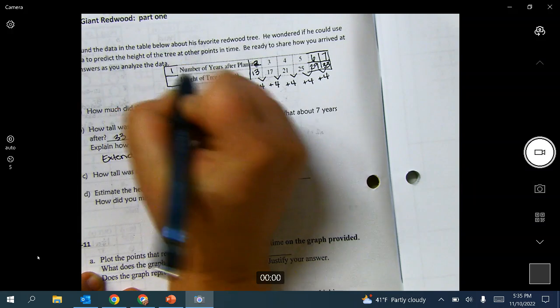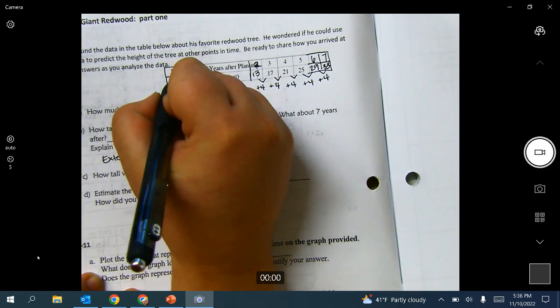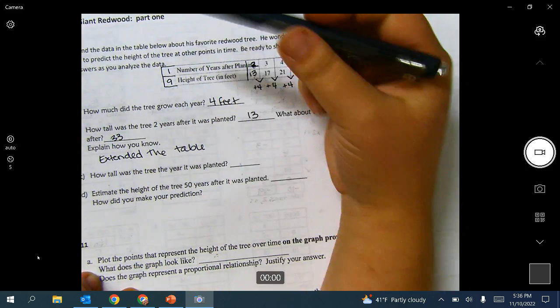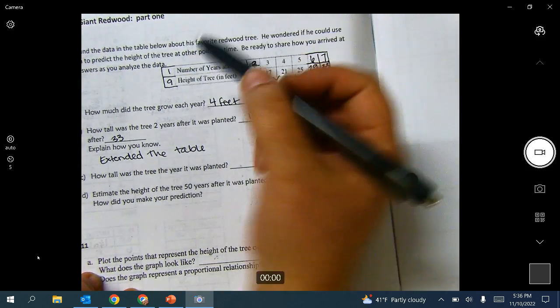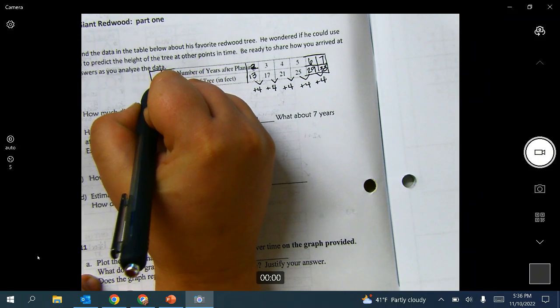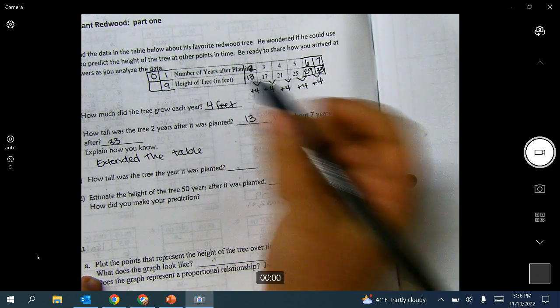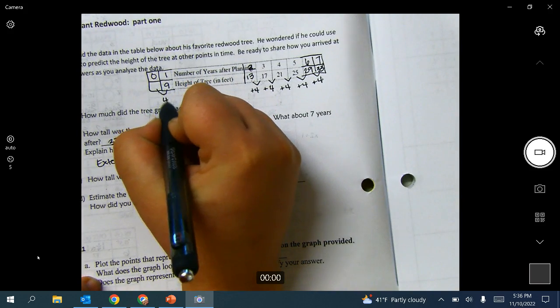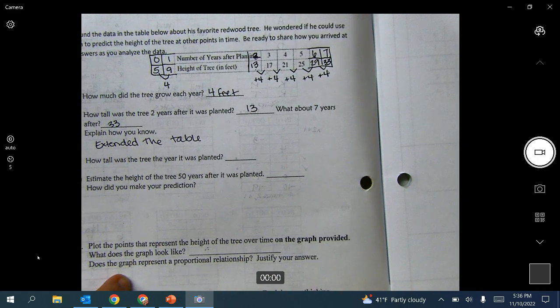I know 1 year after it was planted, it would be 4 feet shorter than that, which is 9. But remember, this is still 1 year after it was planted. It's not when it was planted. To figure that out, I have to go back to 0 years after the tree was planted. So I'm going to go back 4 again, which means that when the tree was planted, it was 5 feet tall.